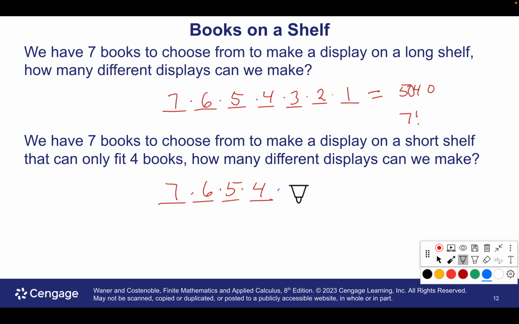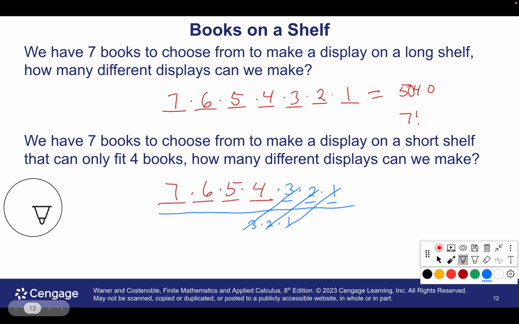So what we would do is if we could put all 7 books, we'd have 3 times 2 times 1, right? But we don't have places for the last 3 books, so what we do is we're going to divide by 3 times 2 times 1. And notice those sort of just cancel out, right?